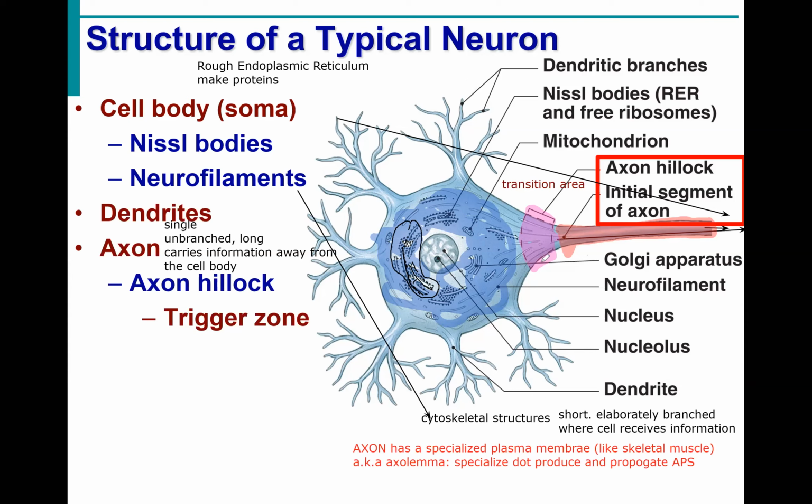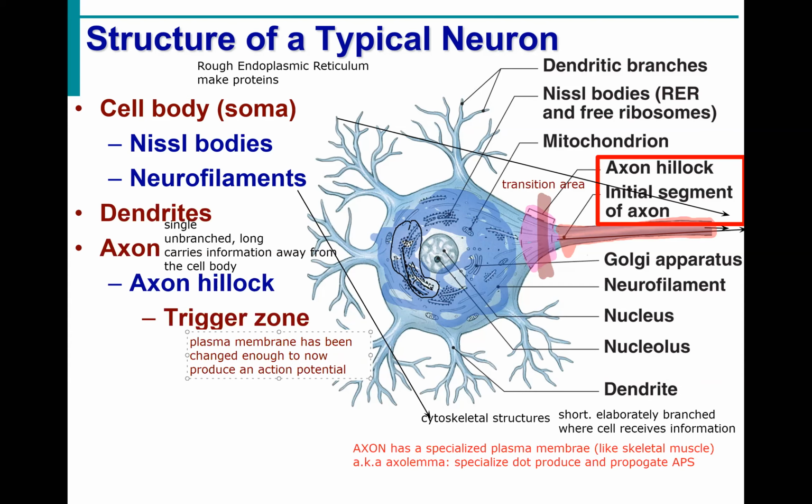Now, as we look at this Axon Hillock, we can't see where that point is, but we know somewhere in this Axon Hillock is an area where the plasma membrane has been changed enough to now produce an action potential.